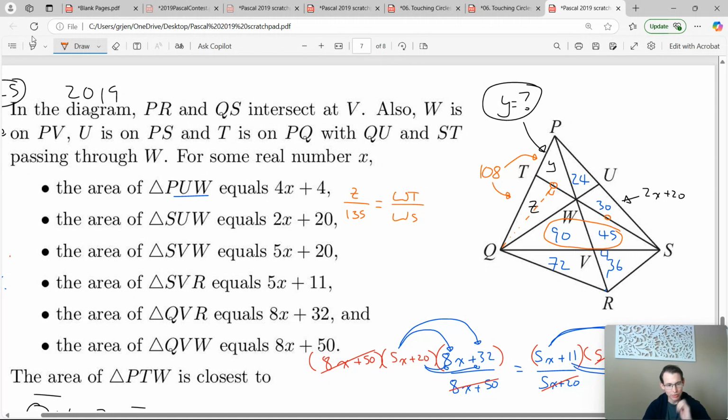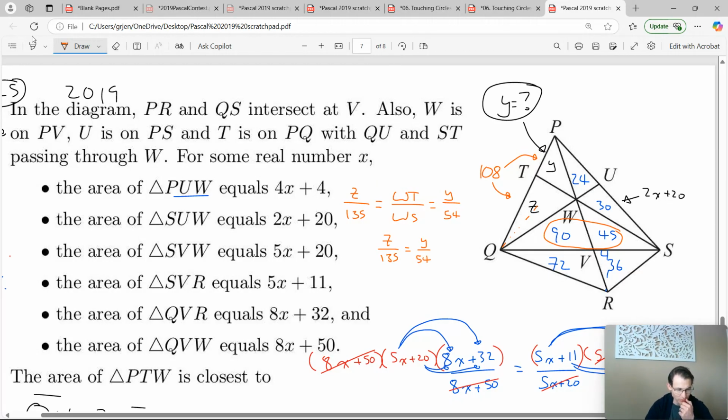Okay, so this triangle here, this is like B1, this is B2, and they both have the same height, because those are collinear, so that's working. But then we can form that same ratio, WT to WS, this way, with Y on top of 54. Now this will simplify to, well, we'll just take out the middle bit. Z to 135 equals Y to 54.